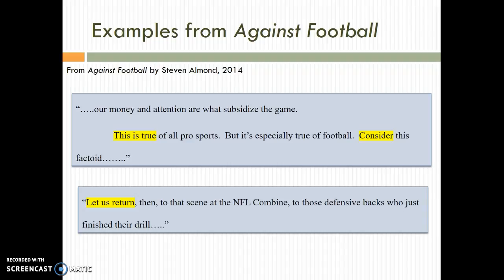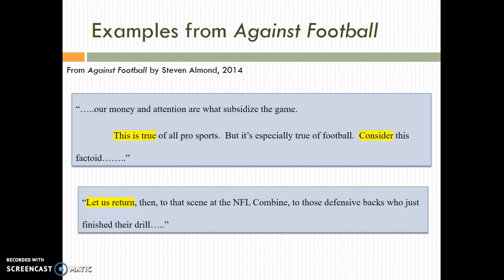Another example contains a phrase that was not mentioned in the book as an example of a pointing phrase, that is, "they say, I say" wasn't mentioned as an example, but I think it is a great example of a pointing phrase. Quote, "Let us return, then, to the scene of the NFL Combine, to those defensive backs who just finished their drill."